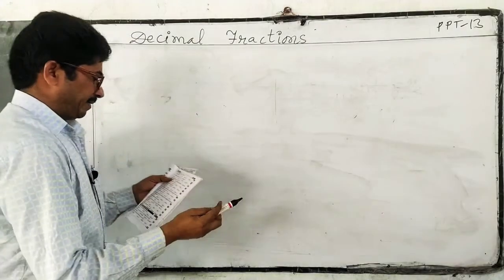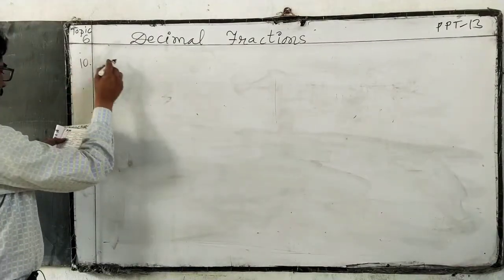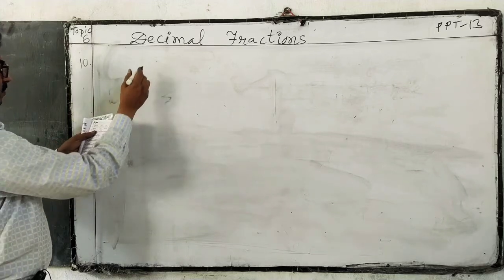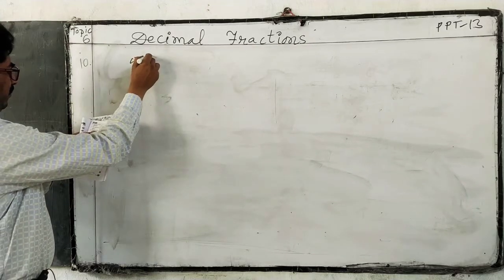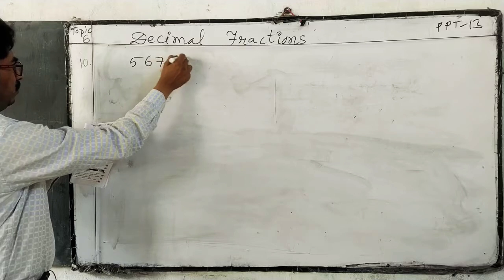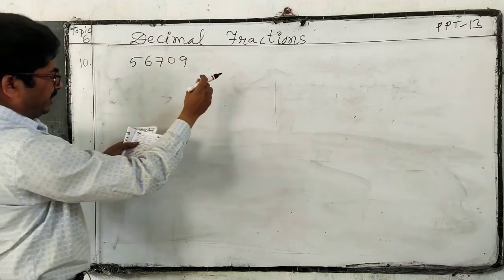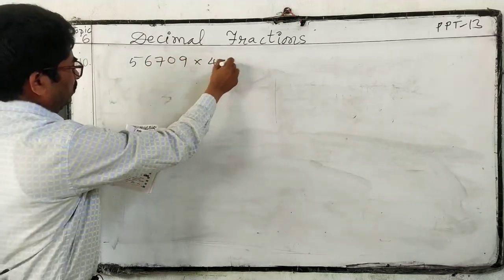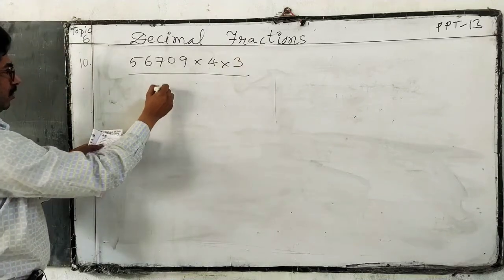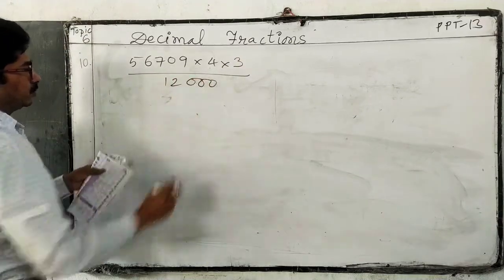Question number 10. The decimal form of 56,709 into 4 into 3 by 12,000.